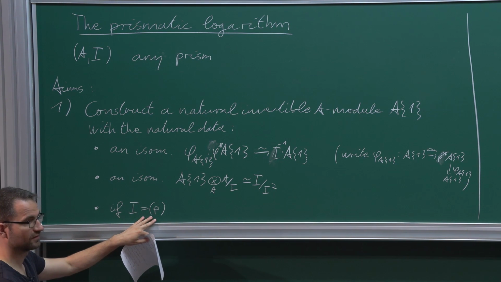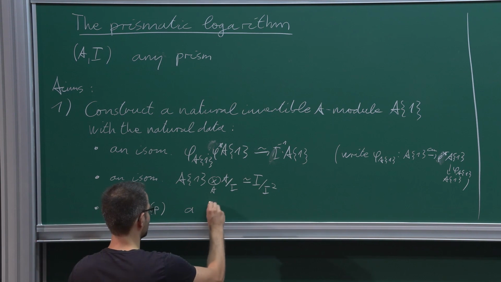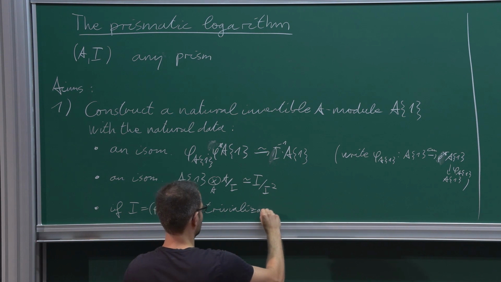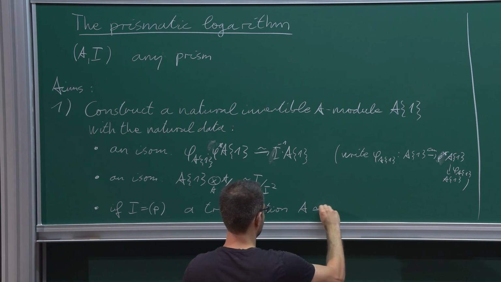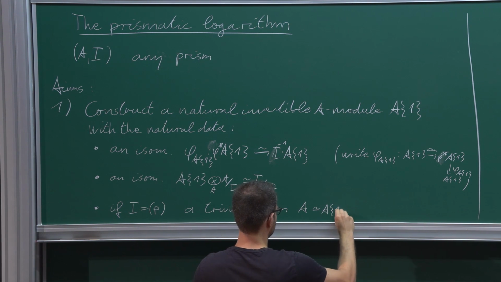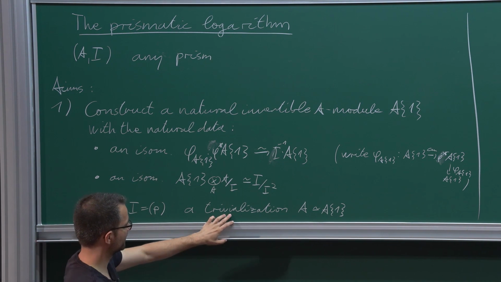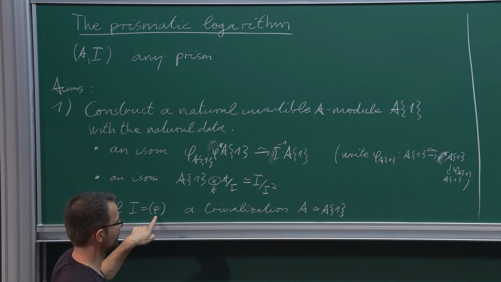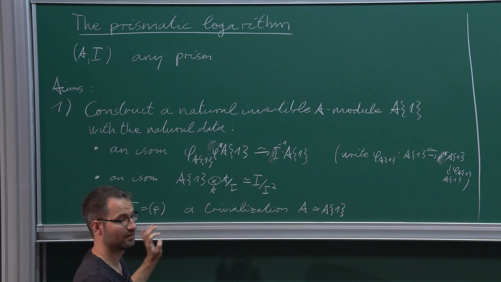And then, furthermore, if I is generated by p, so this prism is crystalline, then there should exist a trivialization of this Breuil-Kisin twist, and eventually this trivialization will be compatible with a choice of p as a generator here.